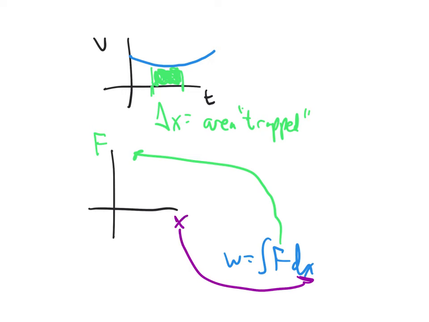And if I then had a force that did something like this, and I want to know the work between two moments, here and here, I would, again, just find the area. And the work would be the area trapped. In other words, because the equation can be written in the same form, the calculus says it would have to have the same behaviors. That work is the area on a force-distance graph.